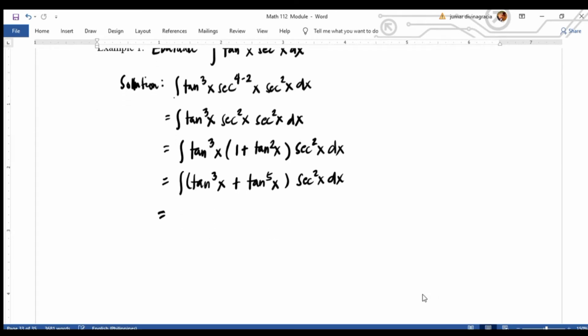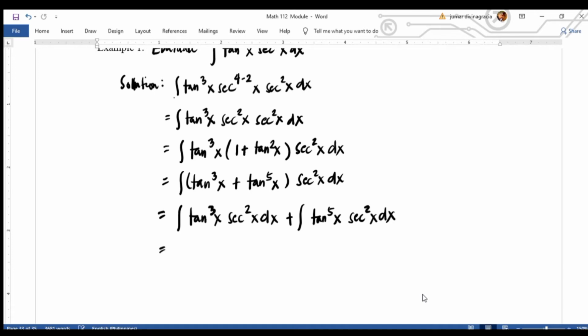And we will integrate this one by term. So we have here tangent to the power of 3x secant square x dx plus the integral of tangent to the fifth of x times secant square x dx.